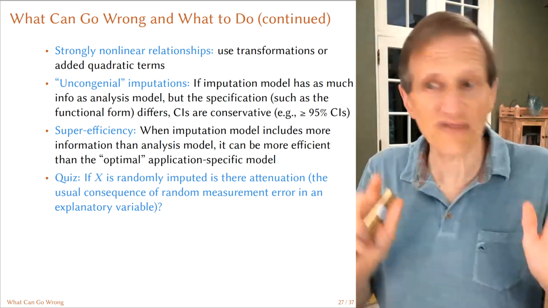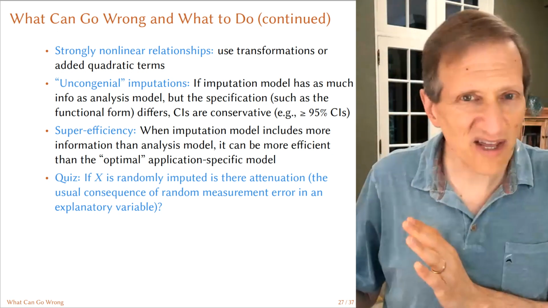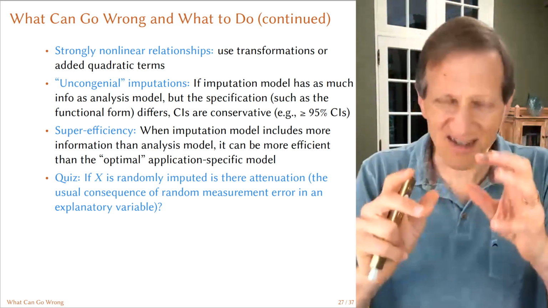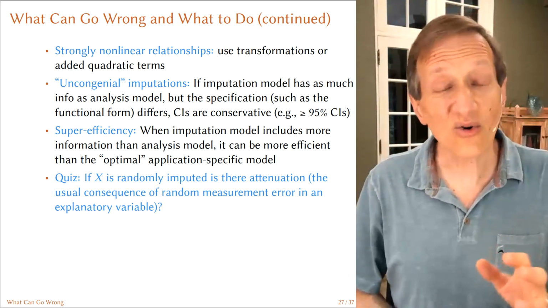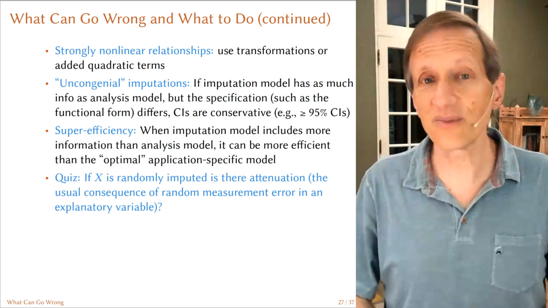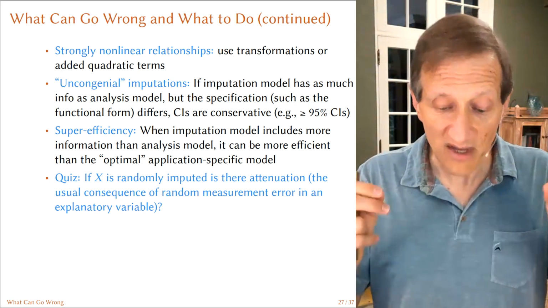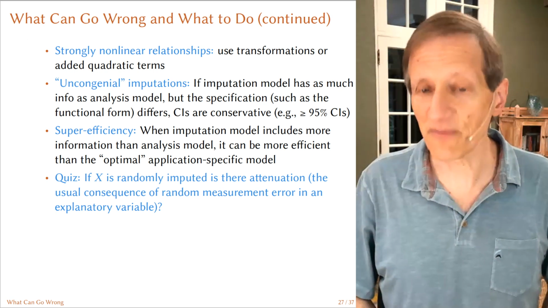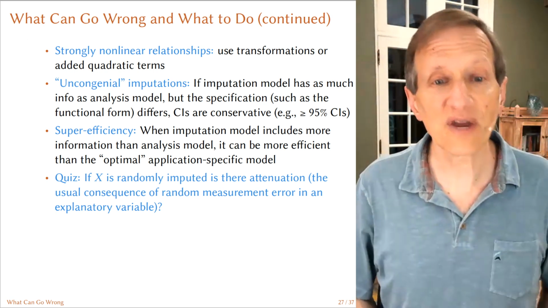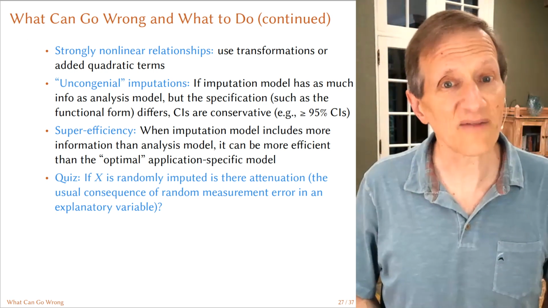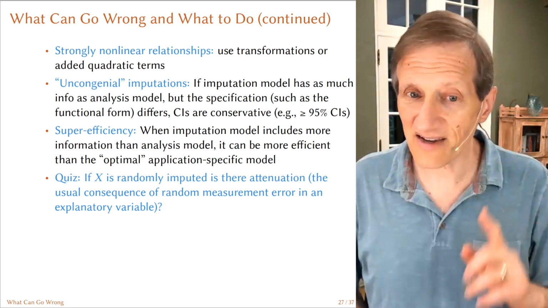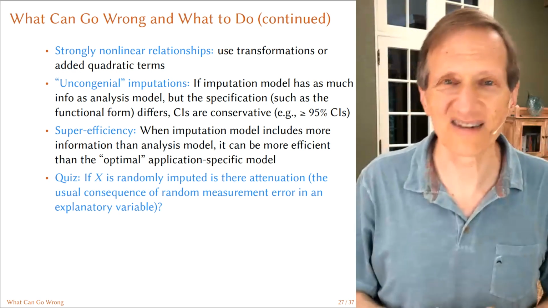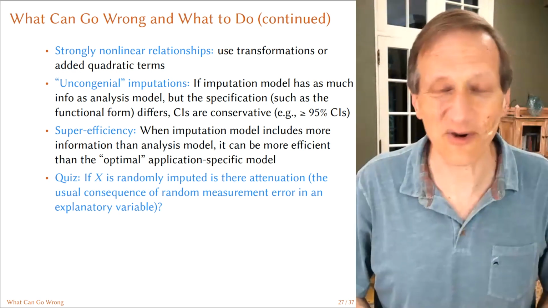As a side point, if you have more than one explanatory variable, the bias can be in any direction. But for that one variable, it goes towards 0. So is it the case, if you're doing imputation to fill in the Swiss cheese for some of the observations, are you attenuating your coefficients? Okay? So think about that. Now the answer, I need music to play right at this moment, or you could pause and try to think about what the answer is.